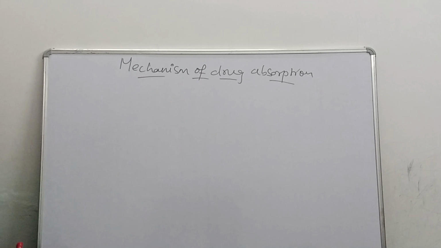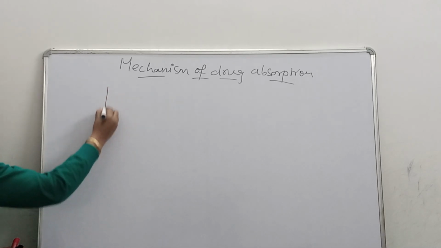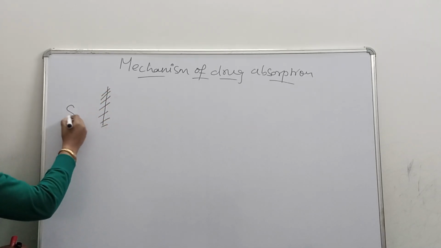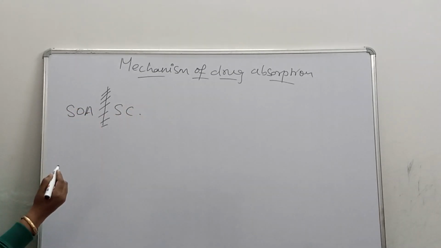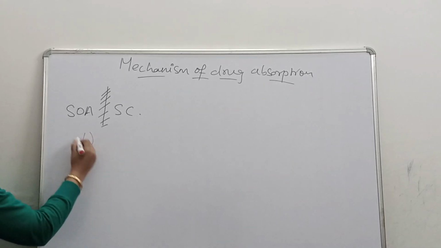So moving on to mechanism of drug absorption. The drug absorbs through biological membrane from site of administration to systemic circulation by various mechanisms. There are 5 important mechanisms for drug absorption.